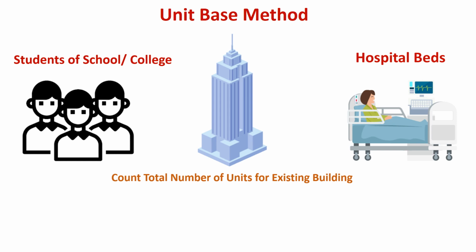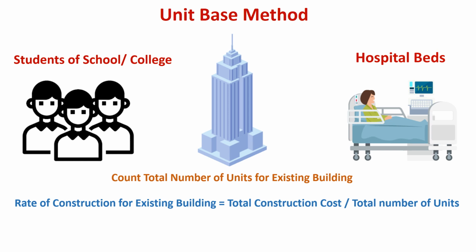So count the total number of units for the existing building, and then the rate of construction for the existing building is calculated from the total construction cost: we inquire the existing building construction cost and divide it by the total number of existing units.